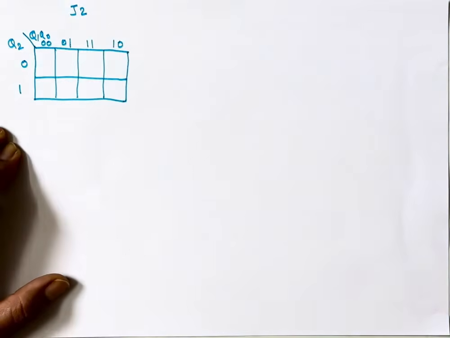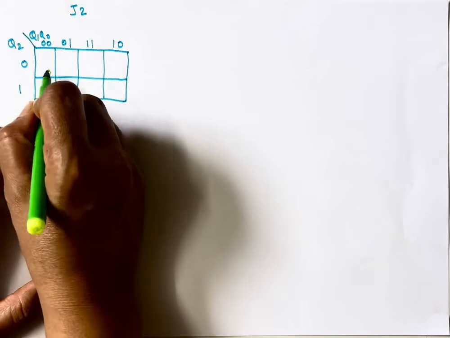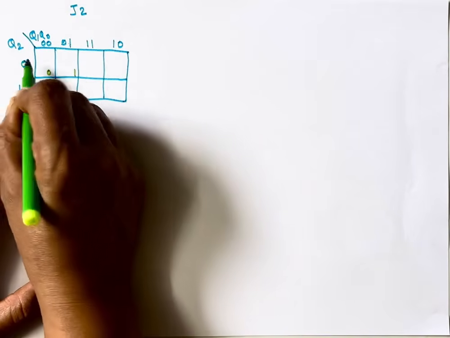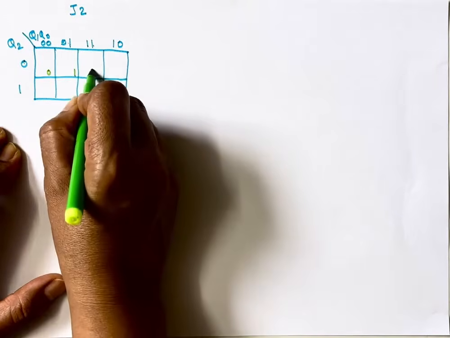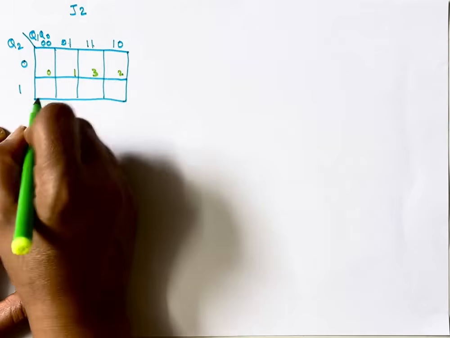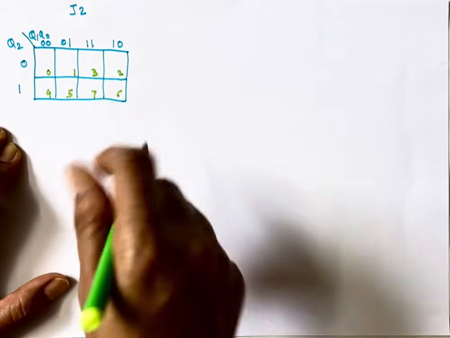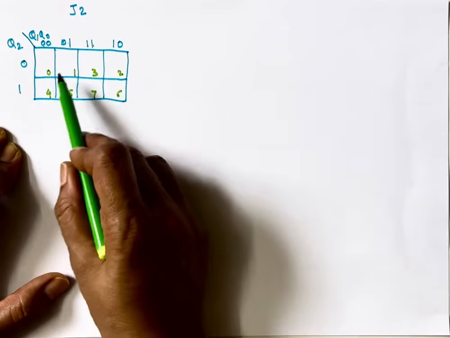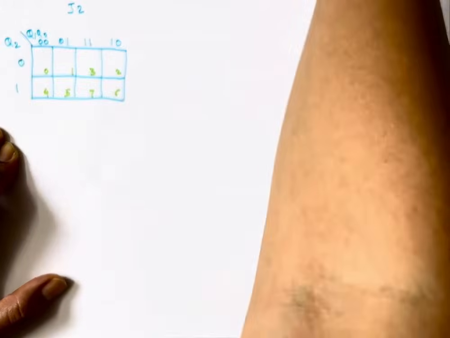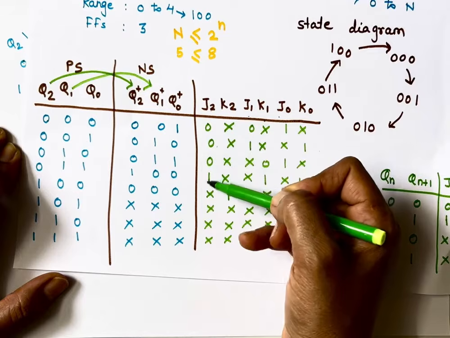Here the values are like this: 0 0 0 is 0, 0 0 1 is 1, 0 1 1 is 3, 0 1 0 is 2, 1 0 0 is 4, here it is 5, here 6 and 7. So these are the values associated with these cells. For J2, the values are 0 0 0 0 1.